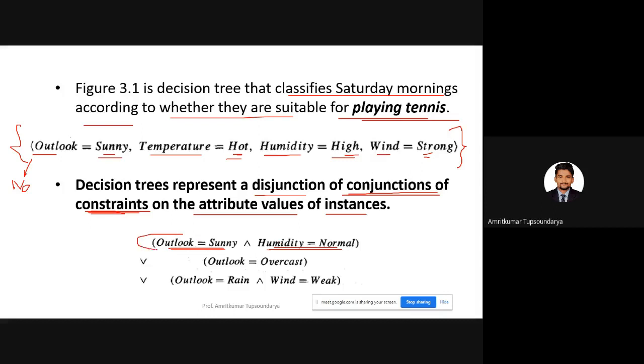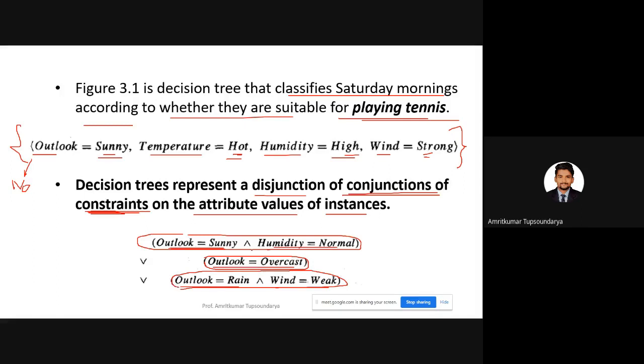So this whole thing is one conjunction. Likewise, we have another constraint that outlook is overcast. But since we have only one constraint, there is no conjunction here. And then we have two more constraints, that outlook is rain and wind is weak. So this whole thing is another conjunction.